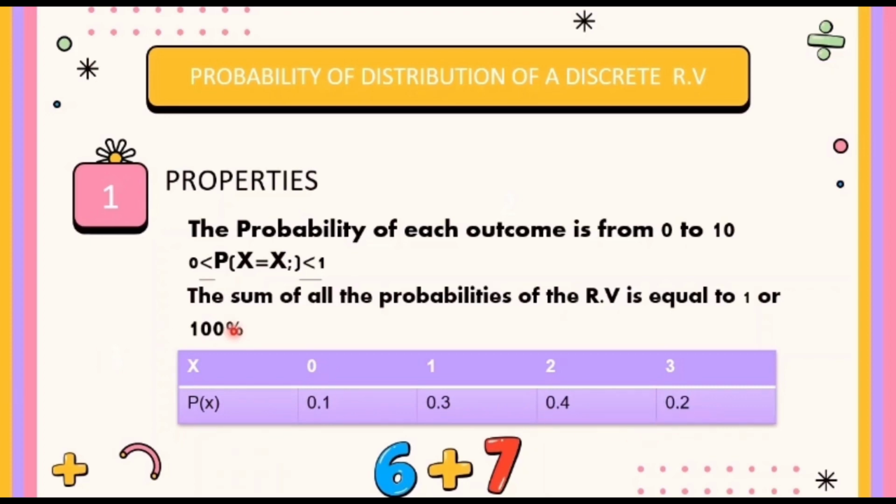Now, get your calculator and let's calculate this one. 0.1 plus 0.3 plus 0.4 plus 0.2 is equal to 1. Good job.